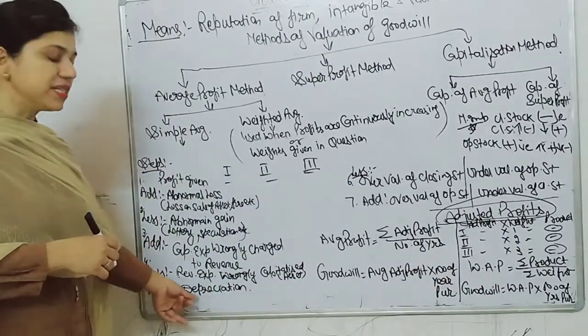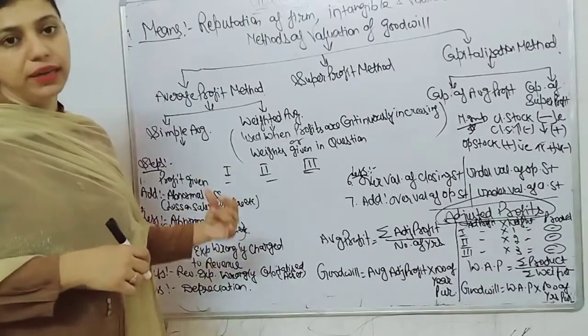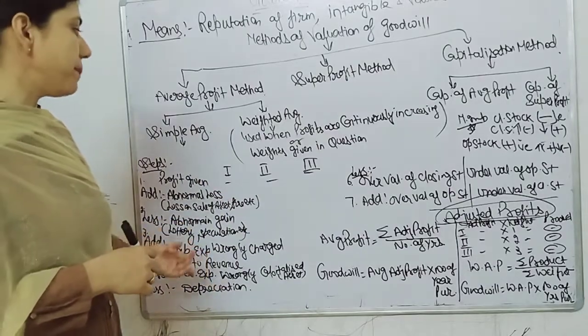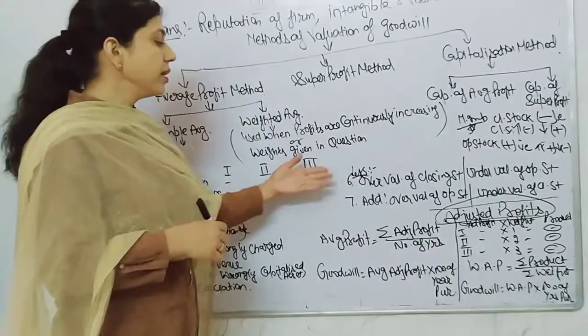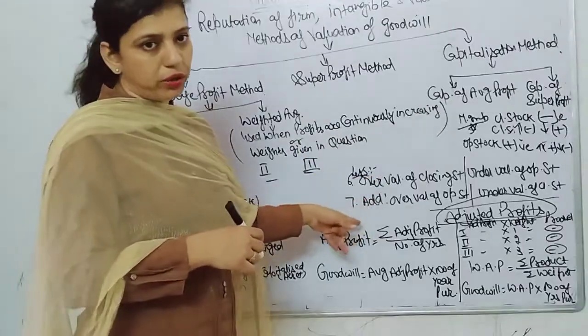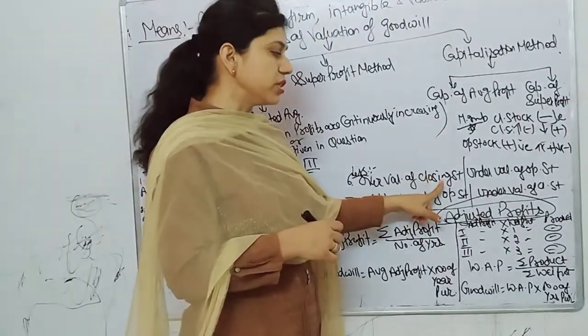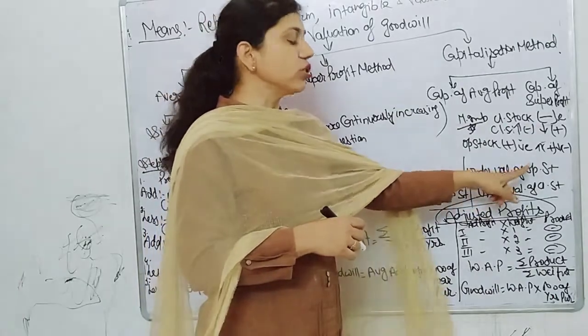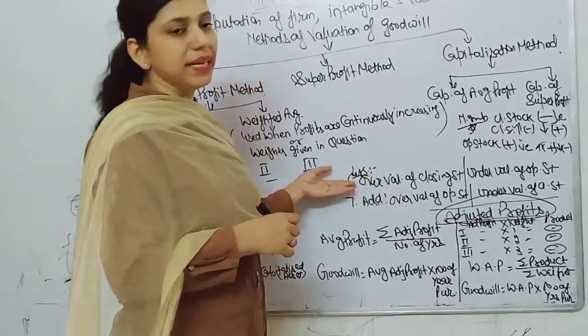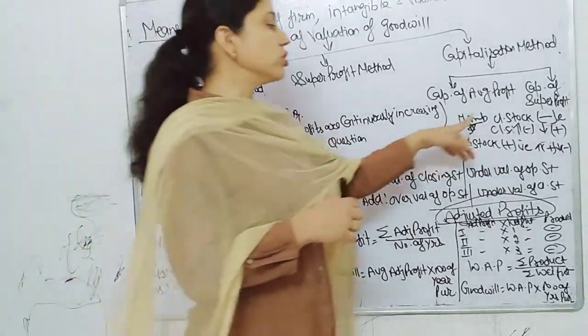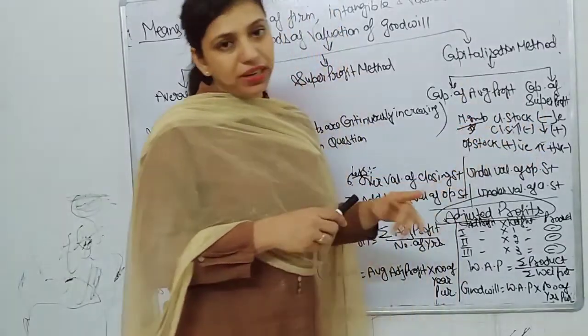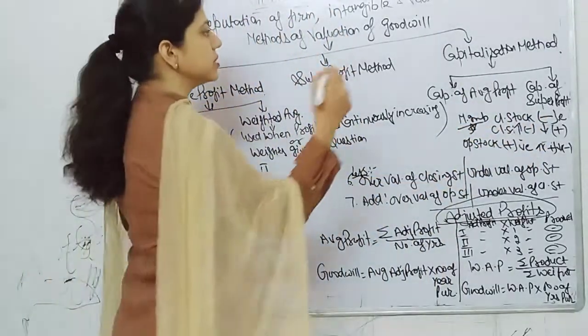Fifth one is depreciation which was not provided earlier. That should also be deducted because depreciation reduces the profits. The 6th and 7th are the most important points. If there is overvaluation of closing stock or undervaluation of opening stock, then it should be deducted. Why? Because closing stock has a negative relation. Just try to understand.